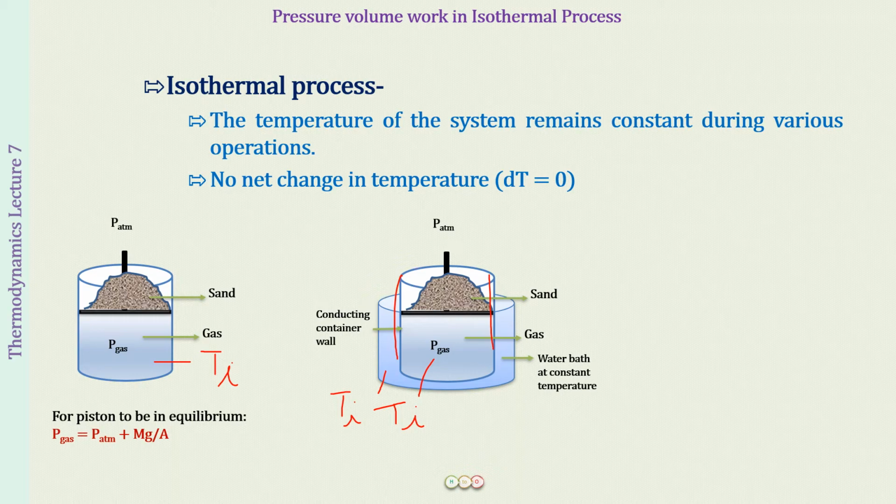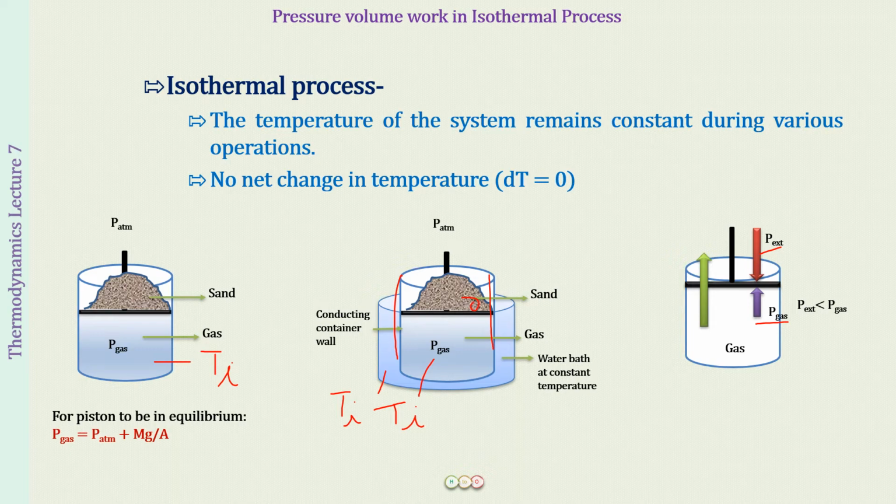Now, we are going to remove some sand from here. When we remove some sand, what will happen? The pressure of the gas inside is going to exceed the pressure outside, because you have removed some sand, and the sand was exerting some pressure.